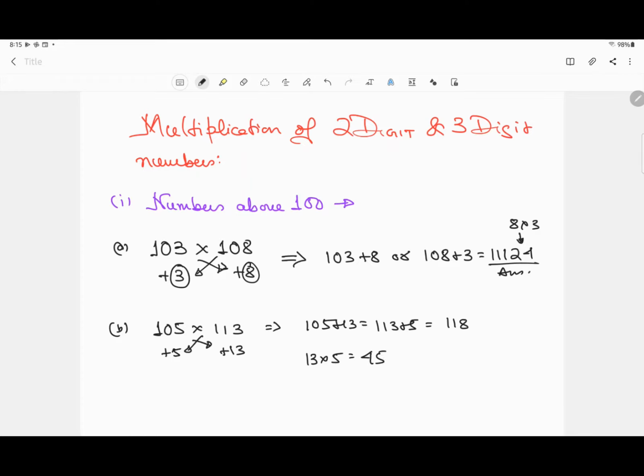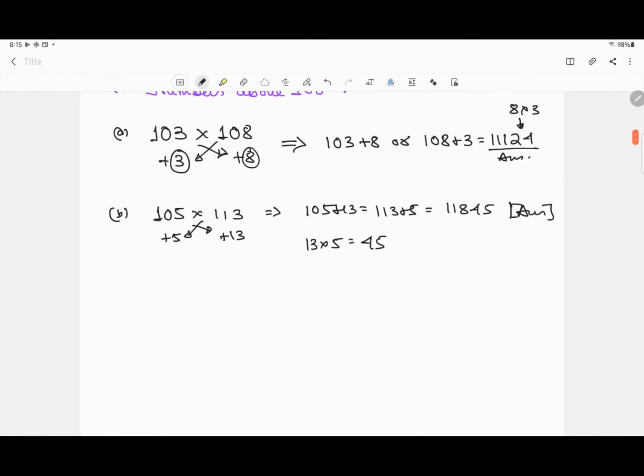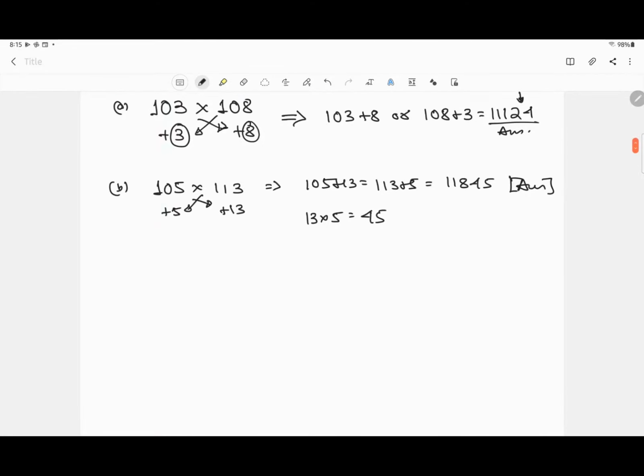Now what are the other two digits that we will have? I have told you that we will multiply 13 and 5, that will give us 45. So we will straight away put 45 after 118. So the answer will be 11845. Simple, right? Okay.